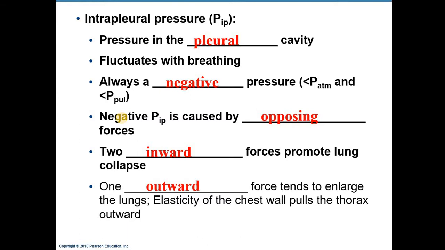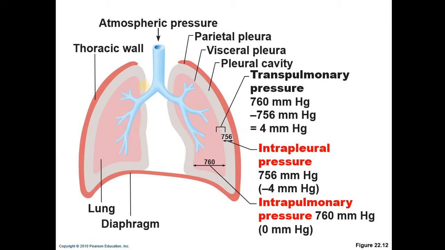The inward forces are the elastic recoil and the surface tension of the alveolar fluid to decrease the alveolar size, and then you have the outward force. These opposing forces on each other create that negative pressure you need for gas exchange. So you have 760 outside, 756 on the inside here.